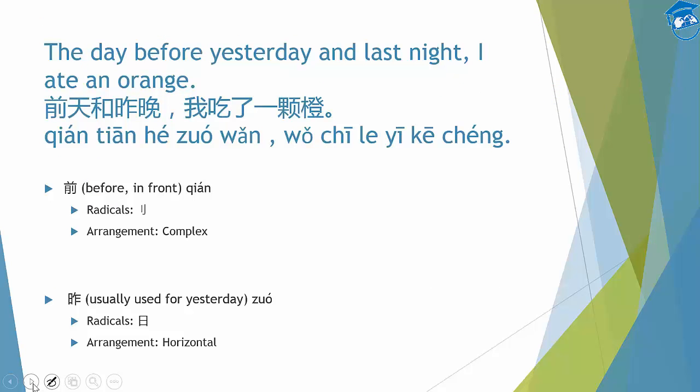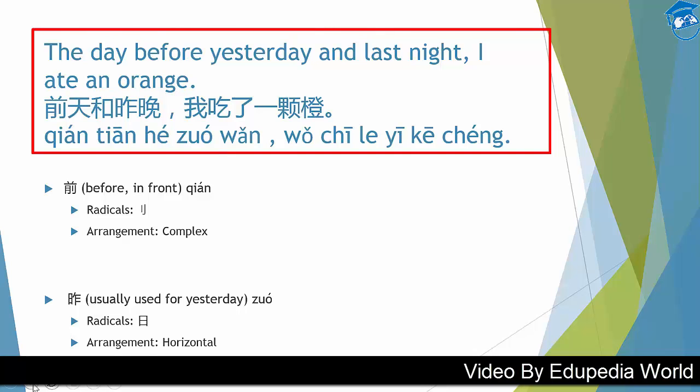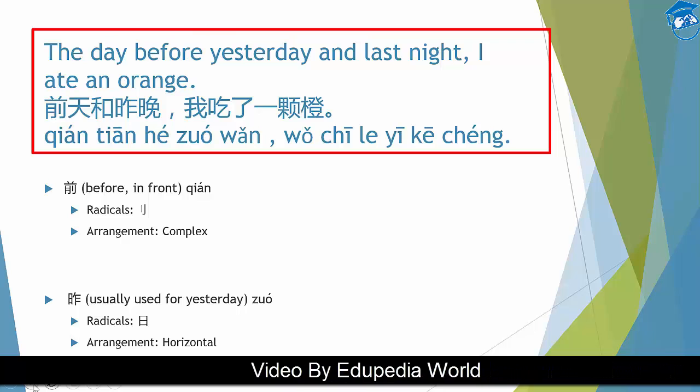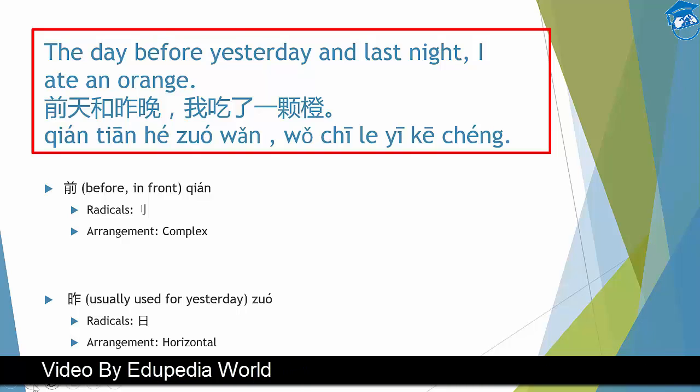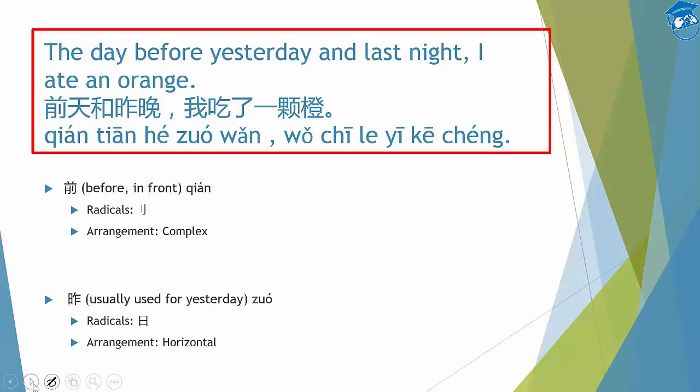Okay, so this sample sentence is to show you how to say the day before yesterday, and also last night. So the sample sentence here is, the day before yesterday and last night, I ate an orange.